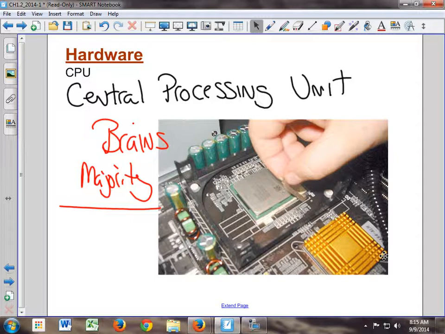It goes into a socket, and that's what the CPUs go into. They go into different kinds of sockets, and there are about 20 different kinds of sockets out there. The goop I'm cleaning off is called thermal grease, which is made to help spread the heat out. Without it, PCs will just shut down.